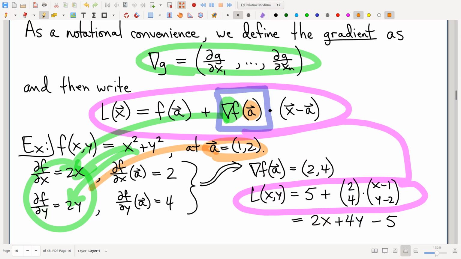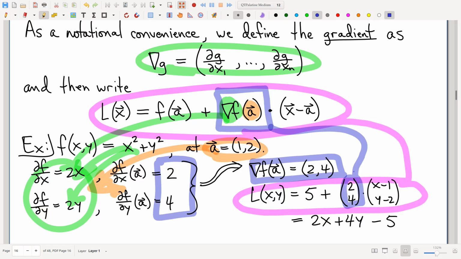So I plug that into those expressions, and then out comes my gradient. It ends up being 2, 4. Again, that's just what you get when you take the appropriate partials and plug in the appropriate point. Those are the numbers that result. Make sure you can do that, by the way.